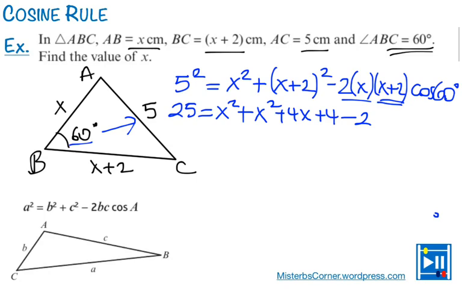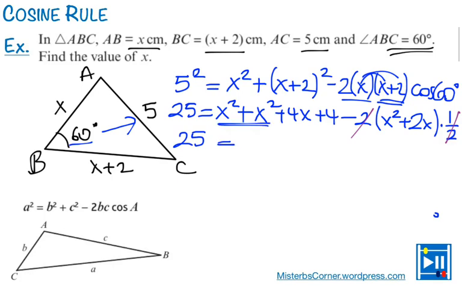So I can go like 2 times, I can just distribute x to x plus 2, so I'm going to have x squared plus 2x times 1 over 2, because now I have the 2 and 1 over 2 cancelled. Now, if I go on, it's going to be 25 equals x squared plus 4x plus 4, and then I distribute the minus sign, minus x squared minus 2x.